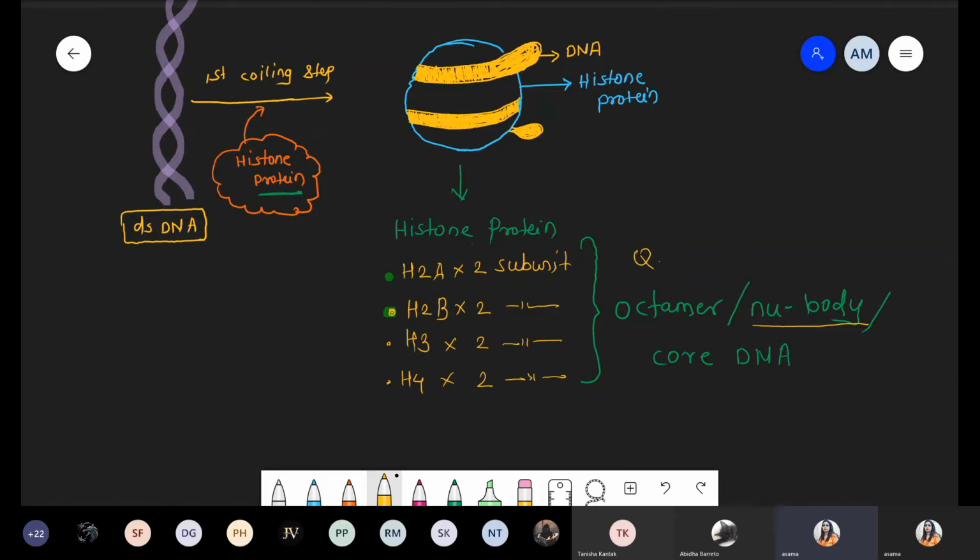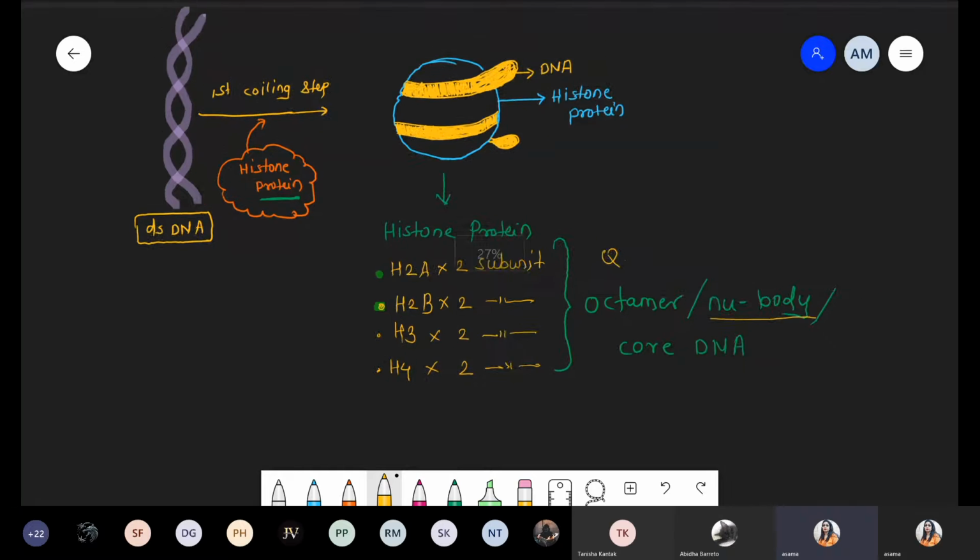H2A, H2B, H3, H4, these are the 4 types, and each is made of 2 subunits, so in total 8 subunits, and that 8-subunit structure is called an octamer. Octamer is also called the nucleosome, and such a nucleosome is also called the core DNA. Got it?